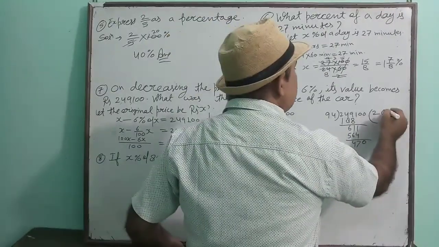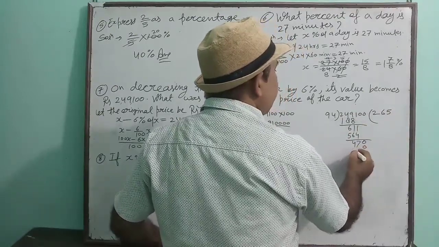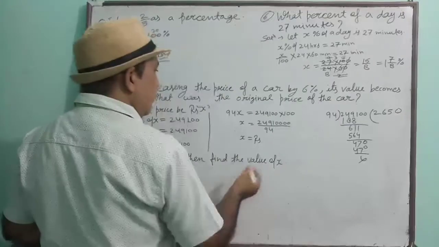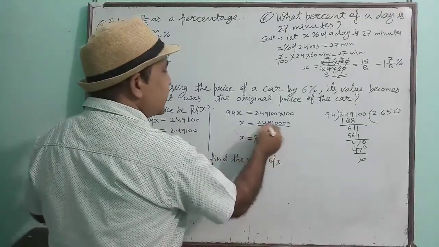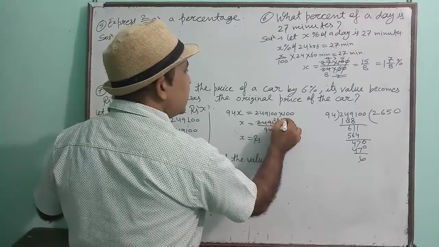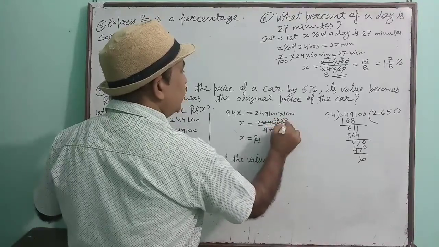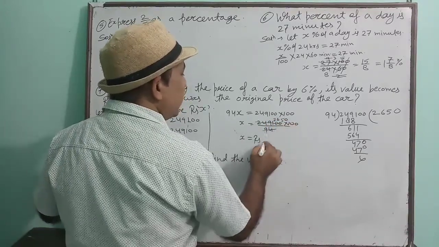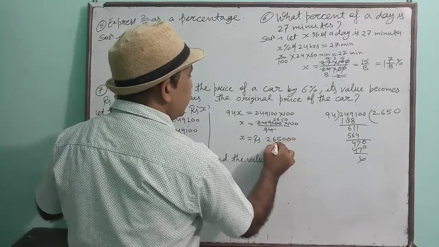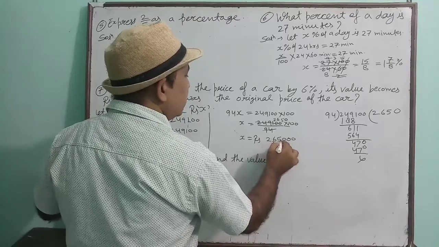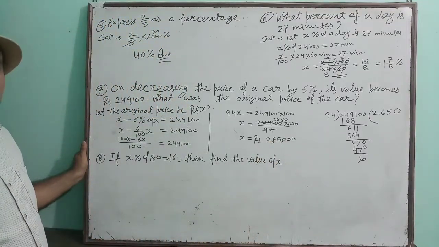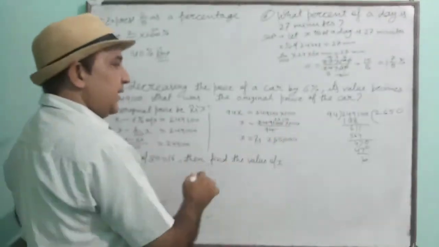Now 5 times, 5 4s are 20, 45 plus 2 is 47, then 1 0. When 94 is dividing this number, you will get 2650. Okay, that means 265000. That means 2,65,000 was the original price. Division you can see here.